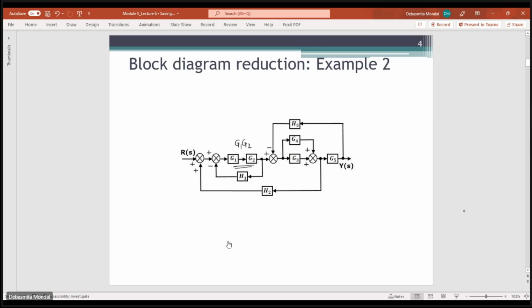Fine. And then what about this G3? Then again we can find it for G1, G2 and H1, ma'am. Yeah, so this will become one loop and you can find the corresponding transfer function. So this one will be? G1 G2 by 1 plus H1 G1 G2. Okay, so this part has been replaced by this one block.